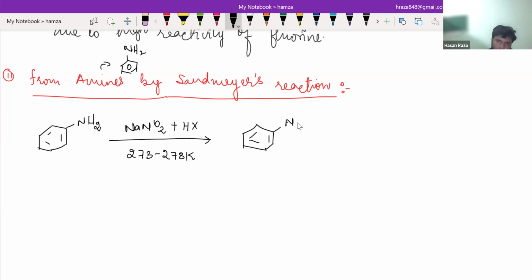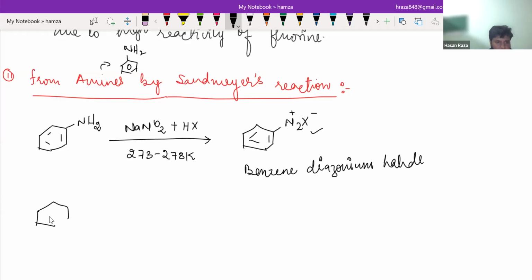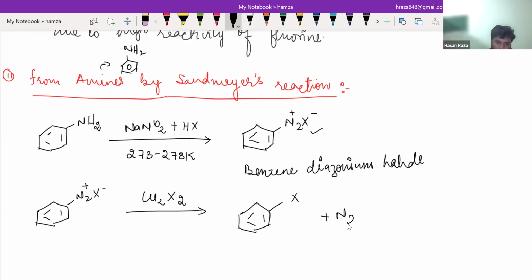It will be N2 plus X minus. This is known as benzene diazonium halide. Diazonium is also a functional group. This benzene diazonium halide, N2 plus X minus, will be passed through or react with Cu2X2, and it will give you directly an aryl halide, X, and N2 will be evolved.